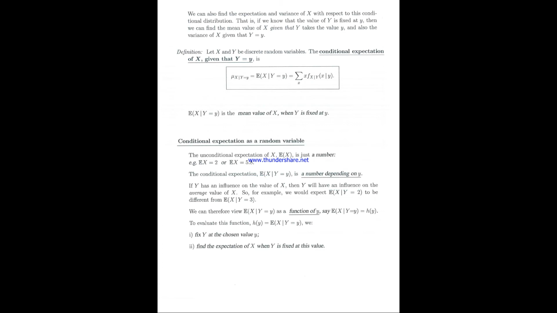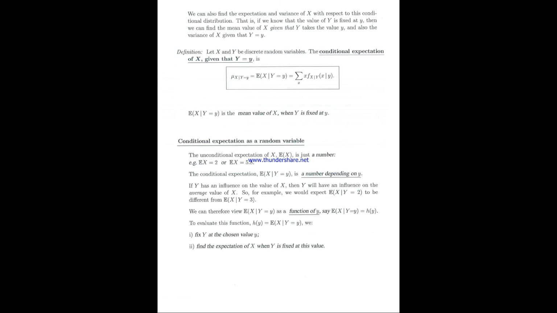It can contain decimal points as well. But when you calculate the conditional expectation, it's also a number, but that number is always depending on y. For example, when you calculate the expected value of x given y is equal to 2, you get a number when y is equal to 2.